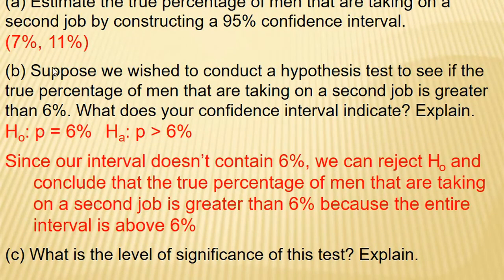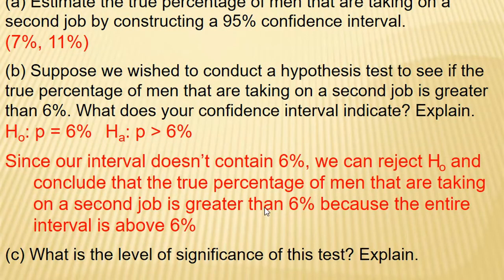So in this case, since our null hypothesis of 6% is not contained in the interval, then you reject the null hypothesis and conclude that the alternative is true, or in other words, greater than 6%. So go ahead and write it down however you want to justify it.